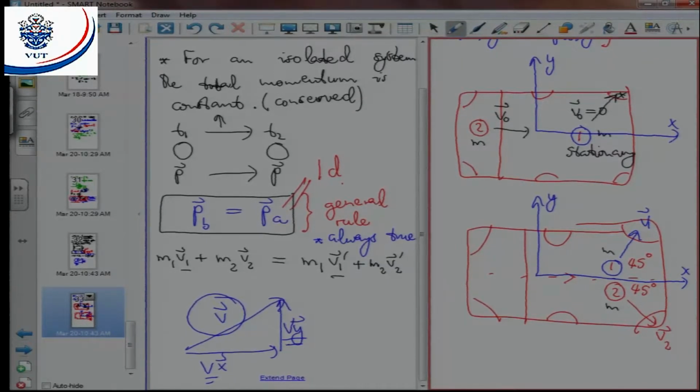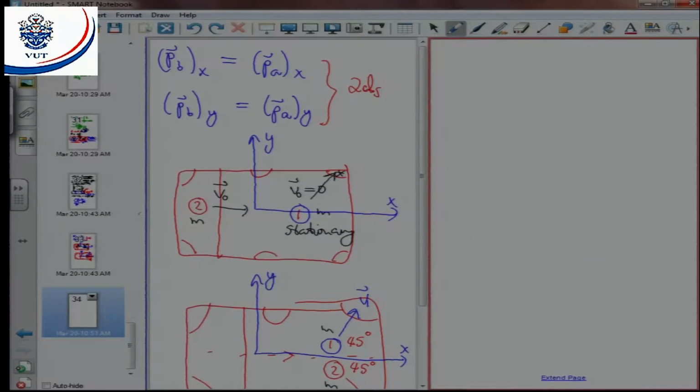Now, momentum before in the x direction equals momentum after. Actually, it's smarter to start with the y in this case. You will see shortly why. So momentum before in the y direction equals momentum after in the y direction.